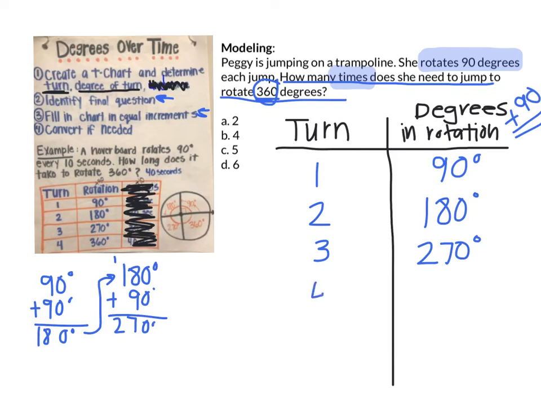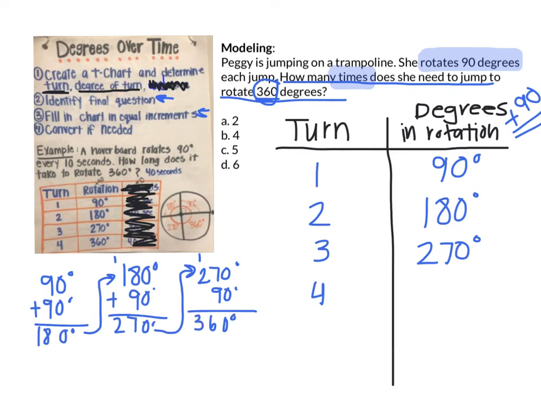Now we're on our fourth turn. I take that 270 and add another 90 degrees. 0 plus 0, 7 plus 9 is 16, and 2 plus 1 is 3.